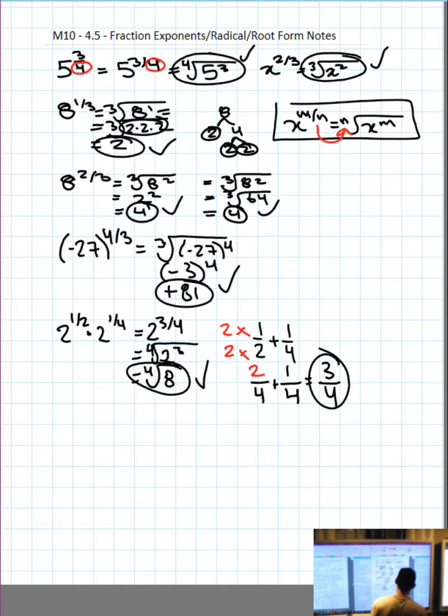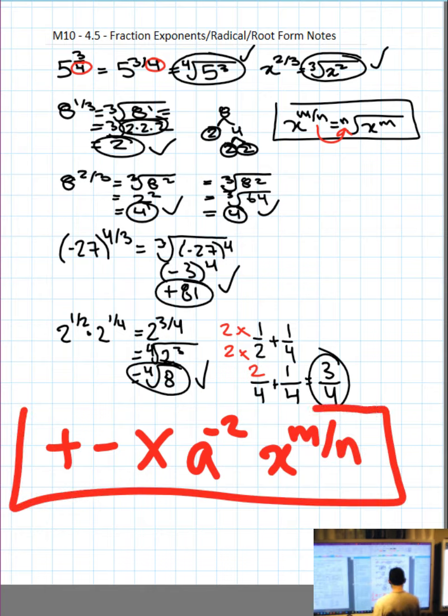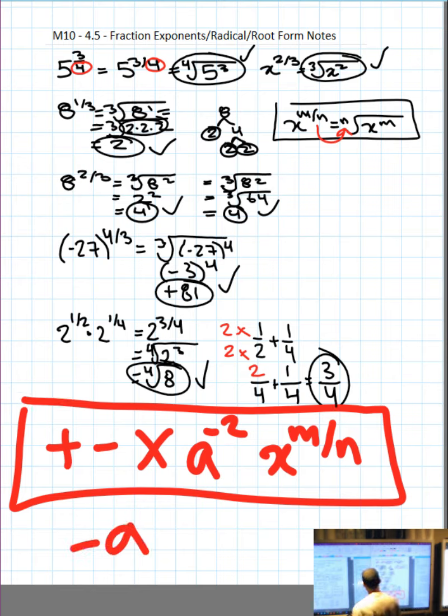So what we have to do is use all of our rules. Multiplying, add the exponents. Dividing, subtract the exponents. Exponents to exponents, we multiply the exponents. We have to work with negative exponents, and we have to work with fractional exponents. And then use whatever combination of those. Oh, I forgot negative coefficients with even and odd exponents.